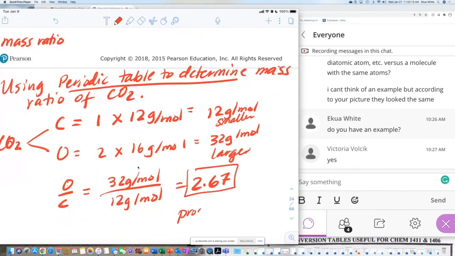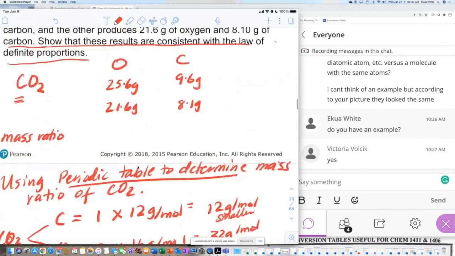This is proof that it is carbon dioxide, when you take the mass of oxygen over mass of carbon. Let's go back here and see the masses we got. I'm going to do the same.